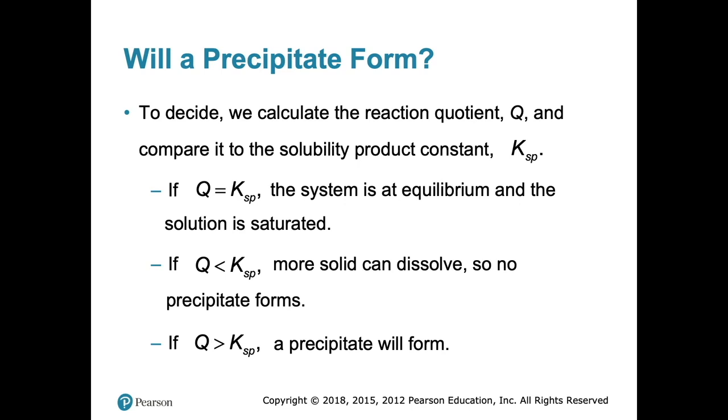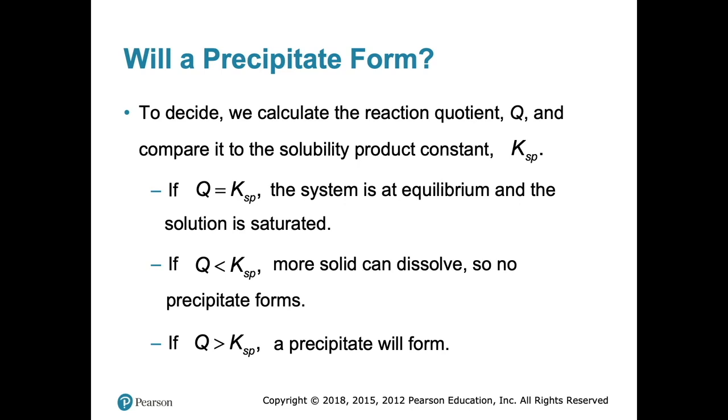Whereas in acid-base equilibria, if Q equaled Ka or Kb, or even in chemical equilibria with Kc and Kp, if any of those equaled Q, your reaction was at equilibrium. But specifically here in solution equilibria, if Ksp equals Q, then your solution is saturated.